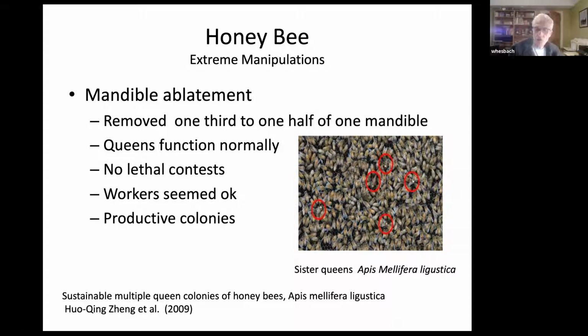And if bees cannot engage in that mandible head hold, they cannot find dominance in a colony, and they function normally. There's no lethal contest. They work, and they're really productive colonies. So, even in Apis mellifera, and this is ligustica, the Italian honeybee, so to speak. That's what we refer to it as.